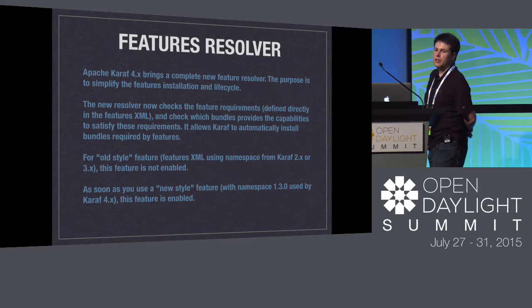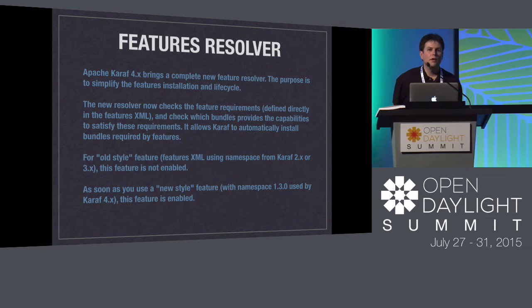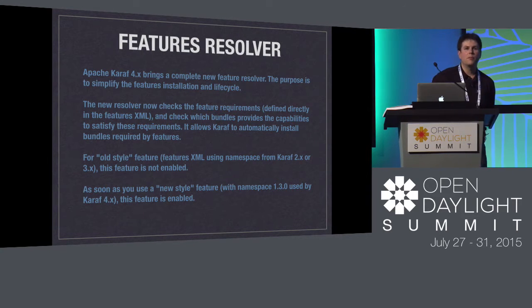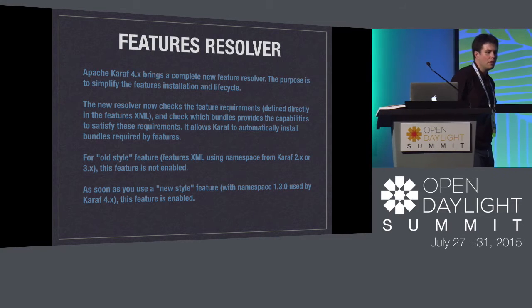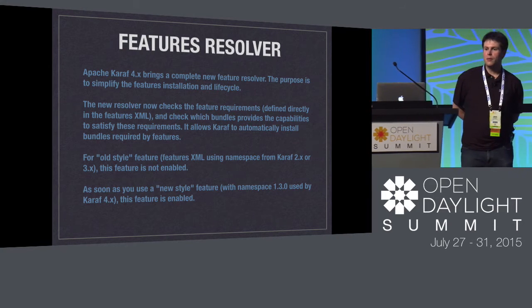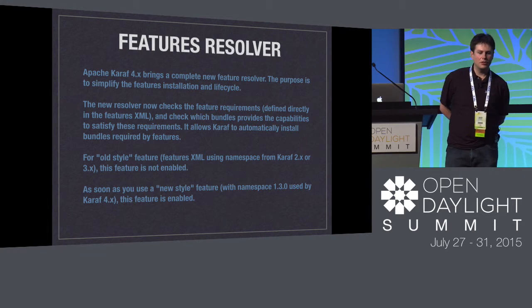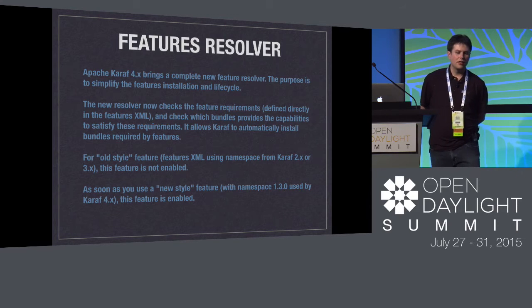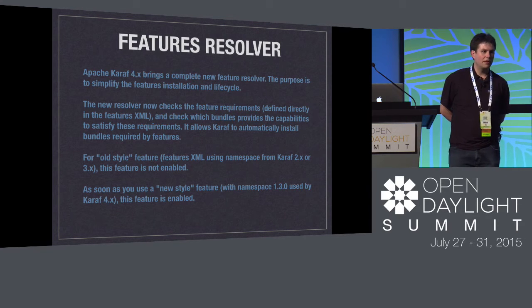So the question from the audience was, if you have a new style feature that is depending upon a number of old style features or has features that are old style as subdependencies, what will happen if you're attempting to make them live well together? The general answer is that the new features will have access to the new capabilities.